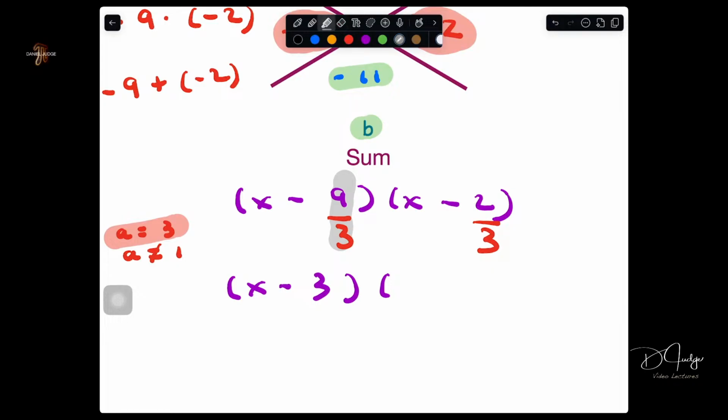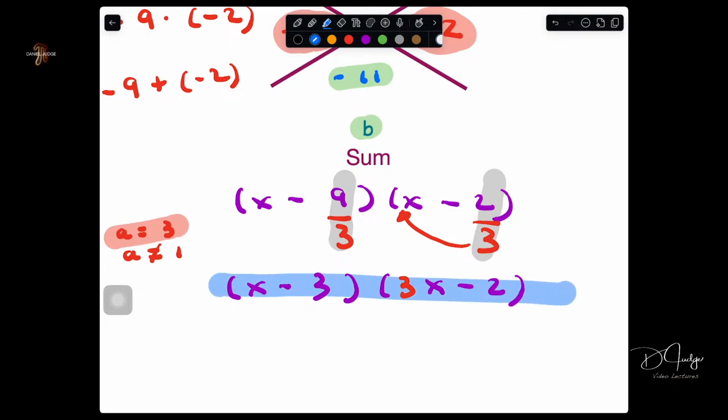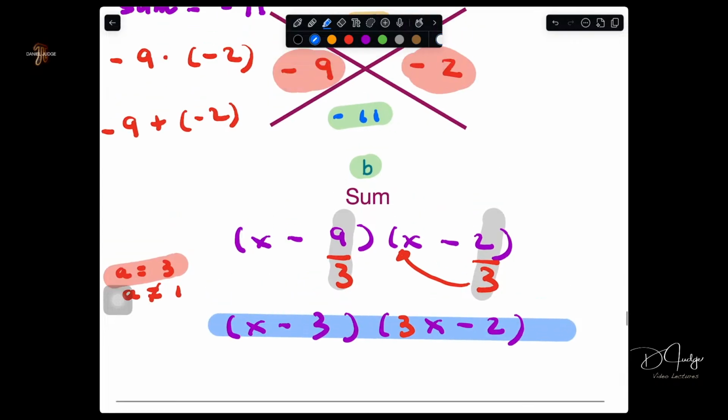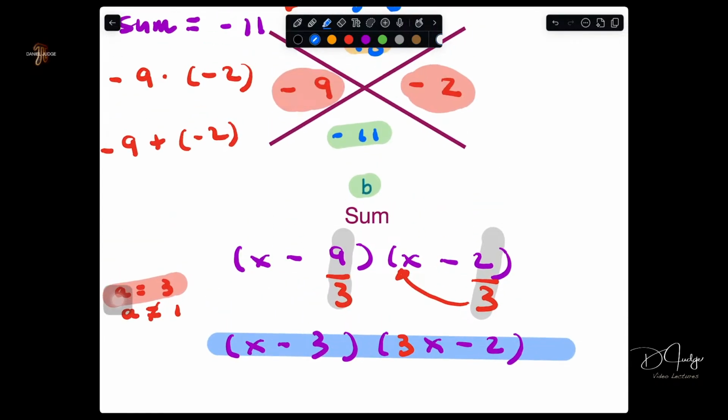But 2 divided by 3 is a decimal value. It's not a whole number. Move that number up here, and you get 3 now times x minus 2. Ladies and gentlemen, this here is your answer.